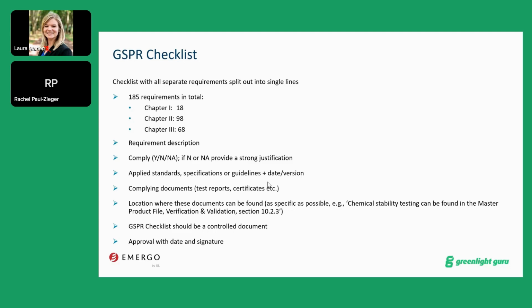So not only the reference, but also which version of the documents you follow. Then you need to provide identification of the complying documents. So it could be test reports, certificates. We need to understand what the document showing the compliance is. And you need to provide the location where this document can be found.